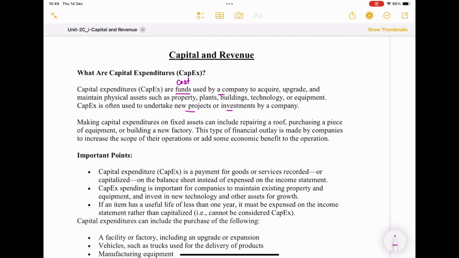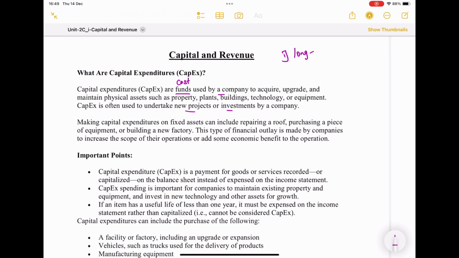Not only lump sum expenses, the main important thing is whenever an expenditure is incurred for the company, if it is used for the long run and is non-recurring in nature, and also those expenses are going to give some revenue for you, then we identify that expense as a capital expenditure.